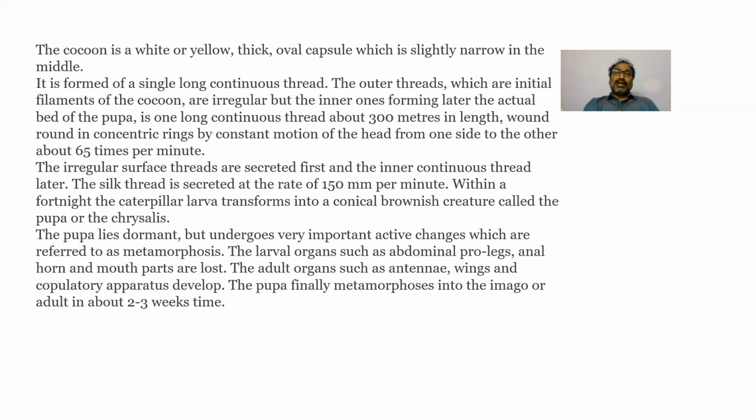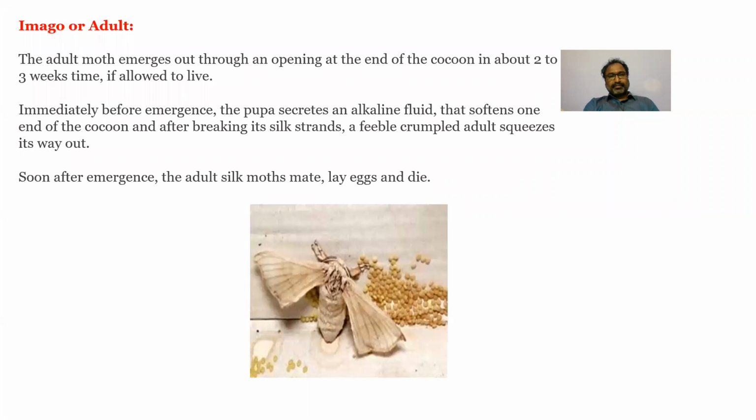So this is the brief life cycle of the mulberry silkworm. And this is the adult that we are observing here. The adult moth emerges out through an opening at the end of the cocoon. It is about 2 to 3 weeks of time if allowed to live.